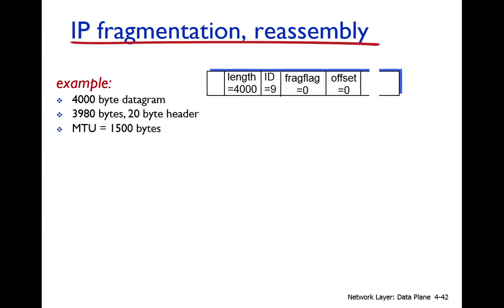Now suppose a packet of 4000 bytes is received. It means 20 bytes is the header, and how much is the data? 3980 bytes. Now we want to divide this 4000 byte packet to fit an MTU of 1500 bytes.